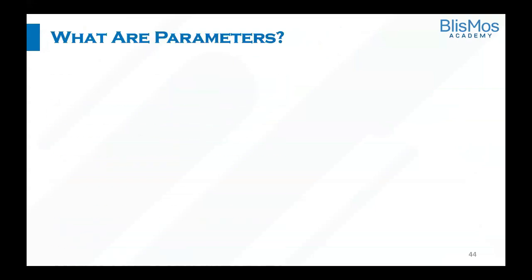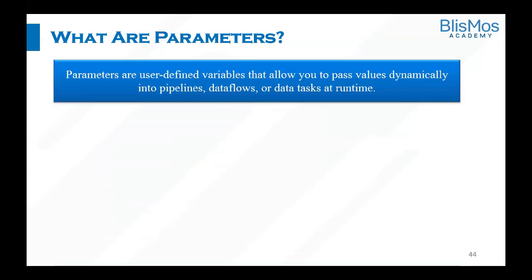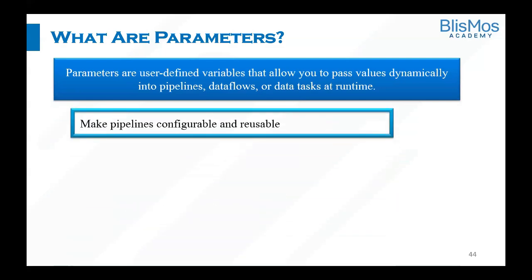Then we have something called parameters. Any idea what are parameters? The kind of input, sir. Absolutely. So when you are building the pipelines, you have activities, and activities take the parameters. Parameters are user defined variables that allow us to pass the values dynamically into pipelines, data flows, and data tasks.